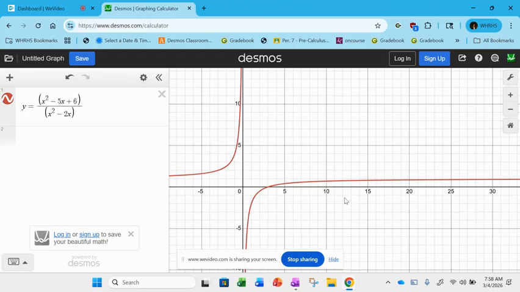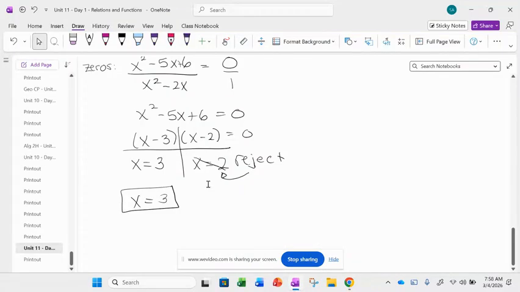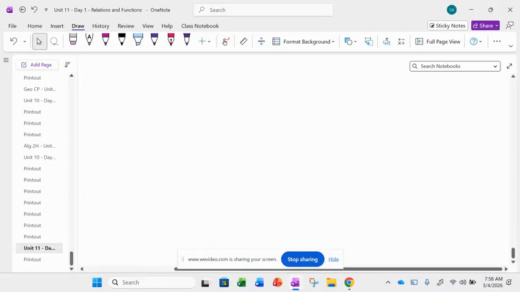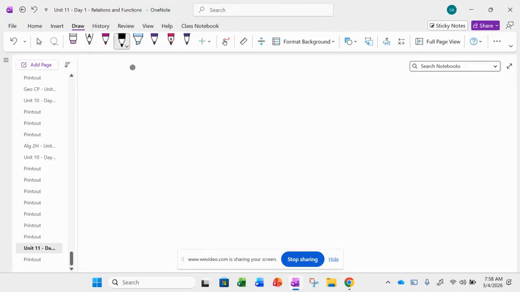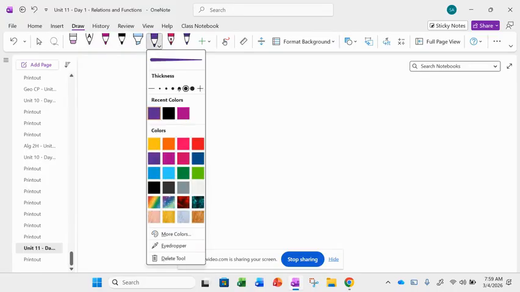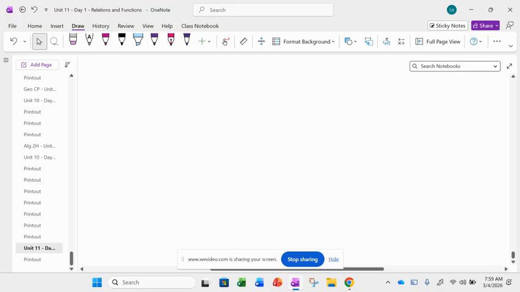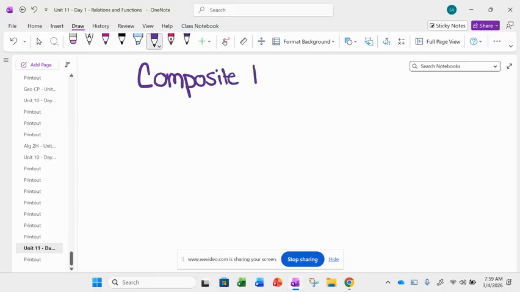So the last thing we're going to do today, we are going to talk about composite functions. So let's say I gave you two functions.